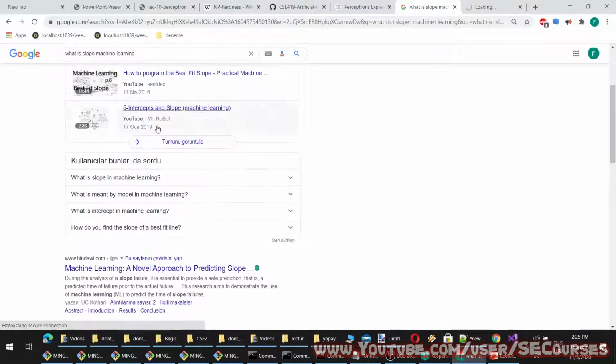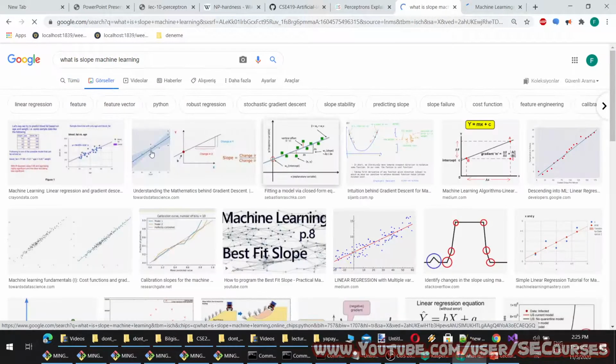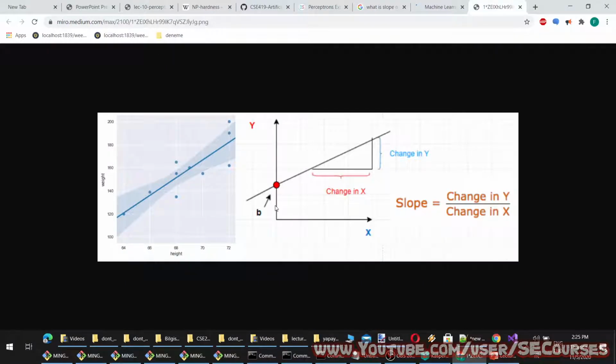Okay, so I think there are videos to explain it. Maybe there is an image as well. Oh, okay. So the slope is the change in y over change in x. Okay. So the change in y is like this, and the change in x is like this.